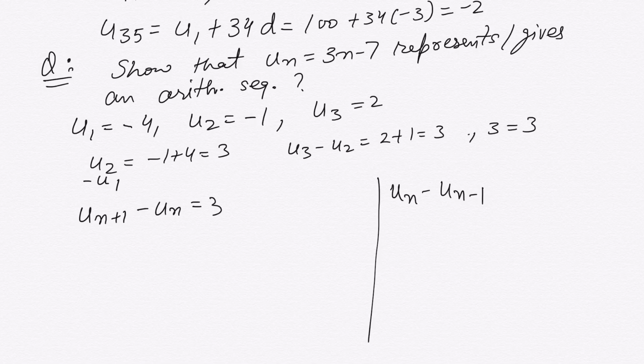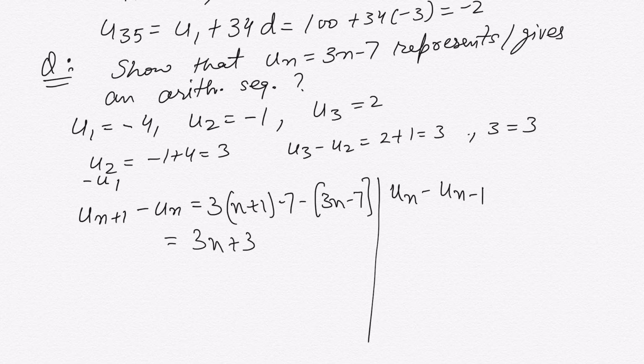How to calculate un plus 1? I need to replace n by n plus 1. So what I get is this, and then un is 3n minus 7, right? If I solve this, what I get is 3n plus 3 minus 7 minus 3n plus 7, right? And the 3n terms cancel, the 7 cancels, and this is 3, which is a constant.